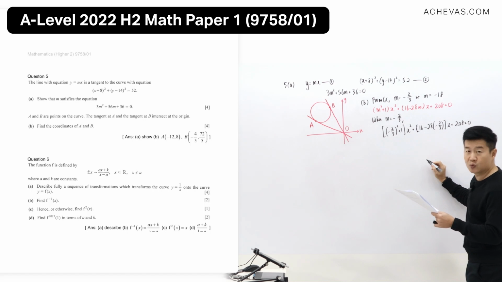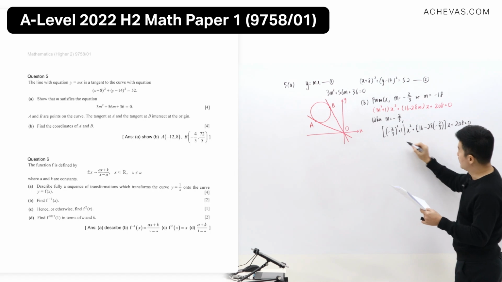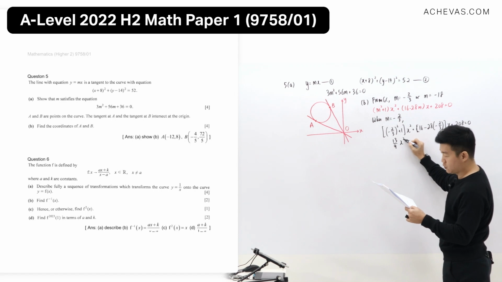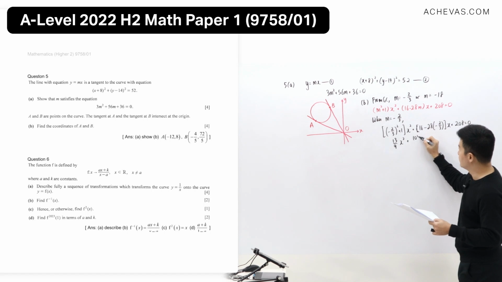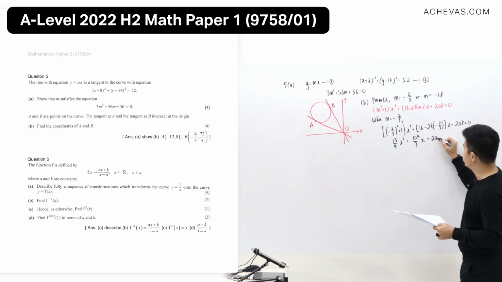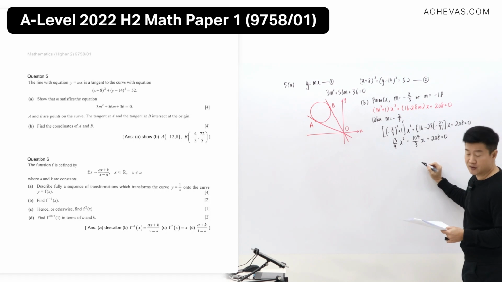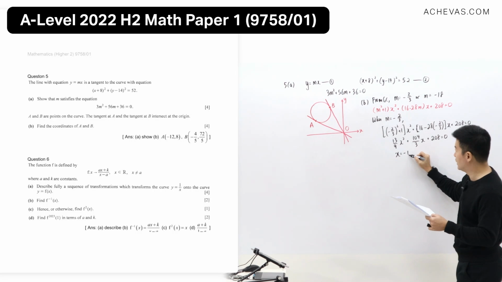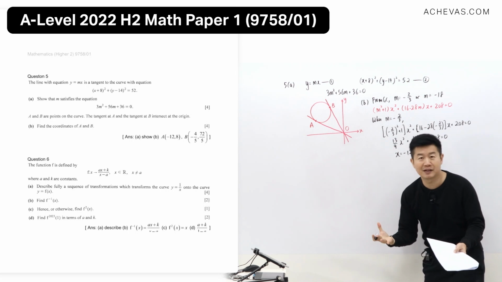This is equal to 0. And we will be getting 13 over 9 x squared plus 104 over 3 x plus 208. This is equal to 0. And then making use of my calculator, solving for this equation, we are going to be getting x to be equal to negative 12, which is in a way expected, isn't it?